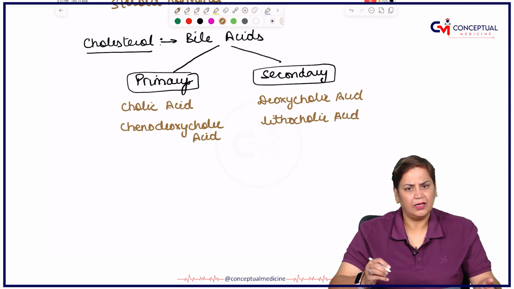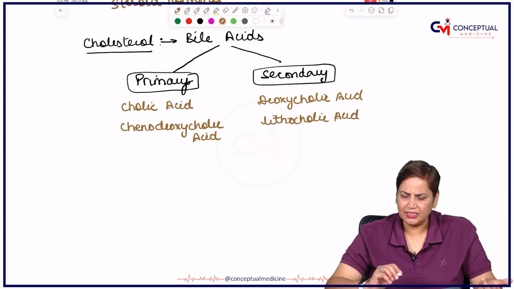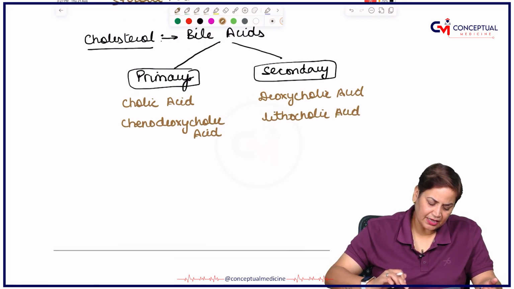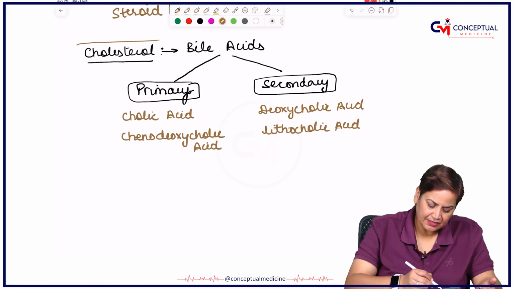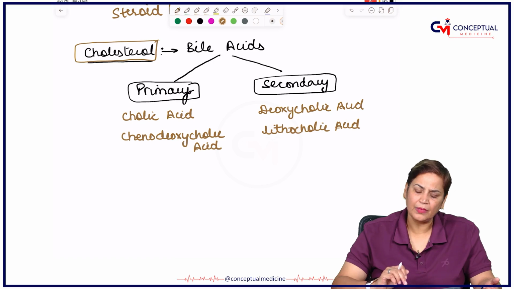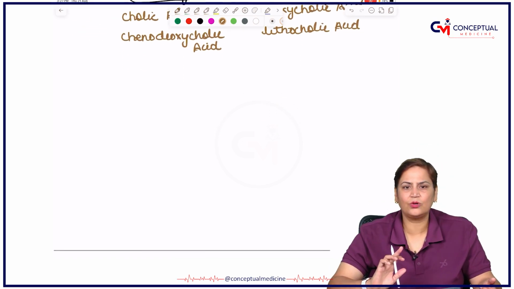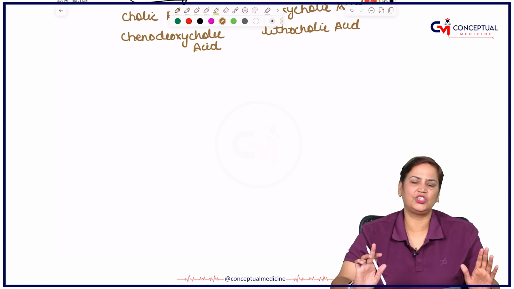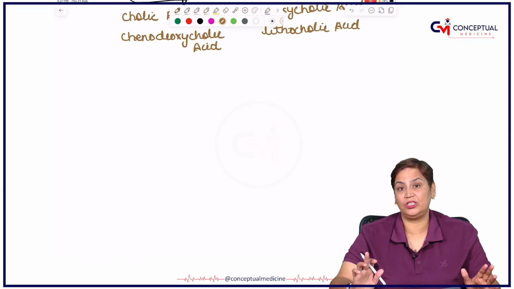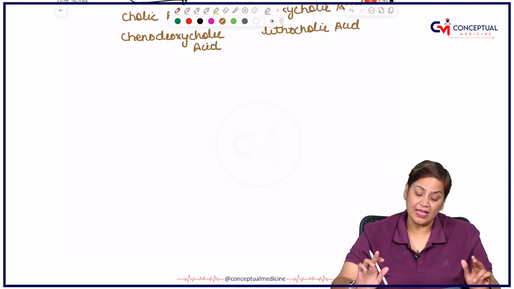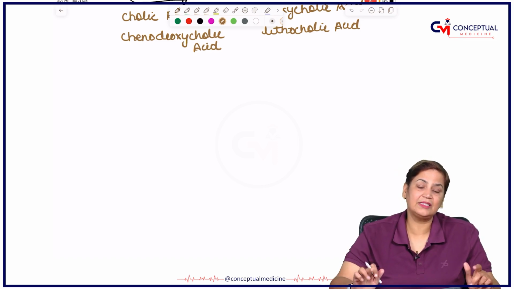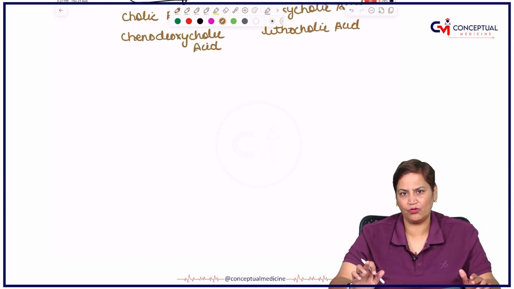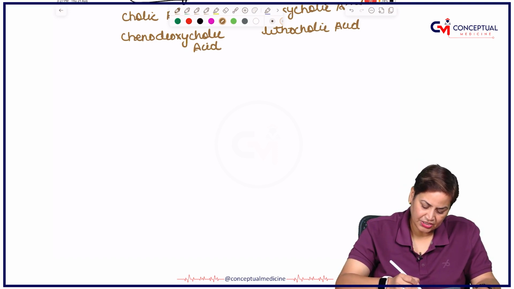So how are these synthesized? What is their significance? Since the precursor of this is cholesterol, this cholesterol will undergo hydroxylation at the 7th position. That is why the enzyme is 7-alpha-hydroxylase.